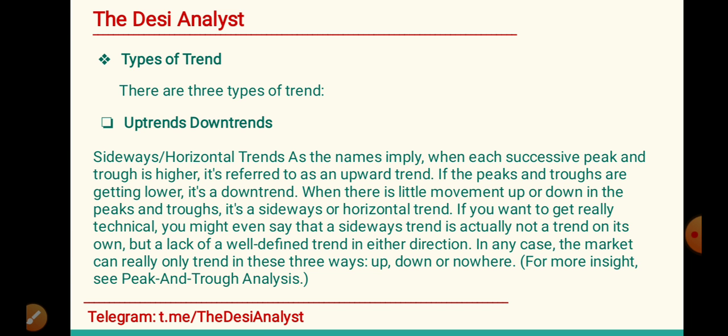If you want to get really technical, you might even say that a sideways trend is actually not a trend on its own, but a lack of a well-defined trend in either direction. In any case, the market can really only trend in these three ways: up, down, or nowhere. For more insight, see peak and trough analysis.